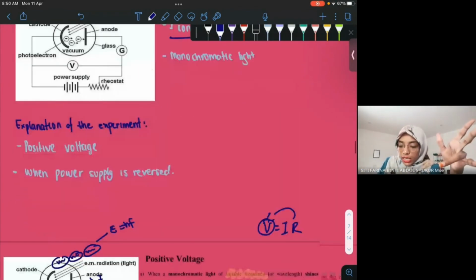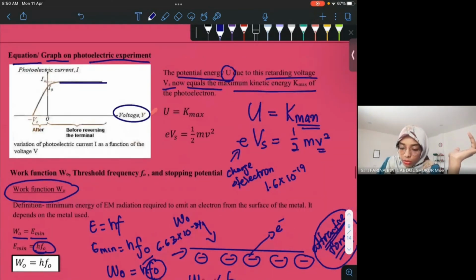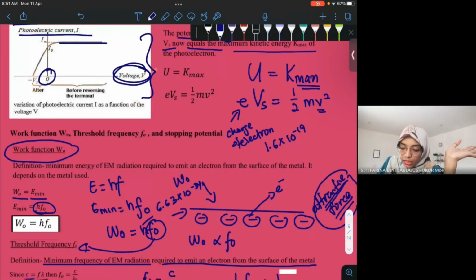Okay, and this is the process. And then here we talked about the relationship in terms of graph for the photoelectric current and also the potential. How does the potential help us to reach that zero current? And then we related the potential energy with the maximum kinetic energy.